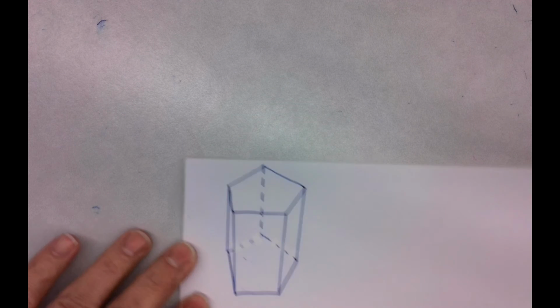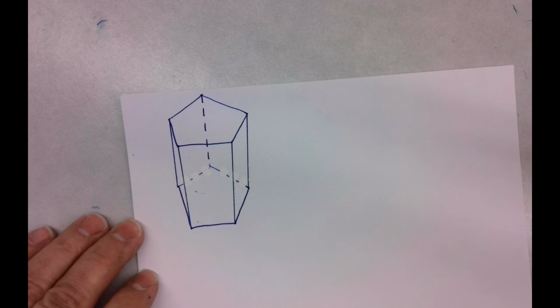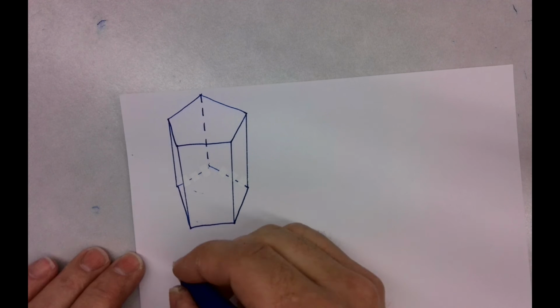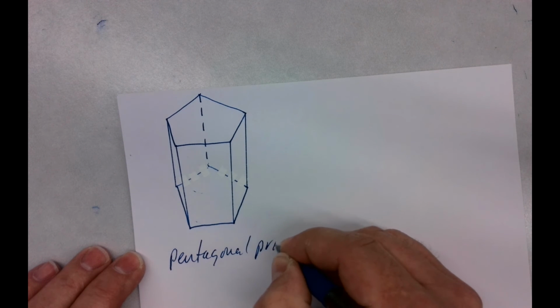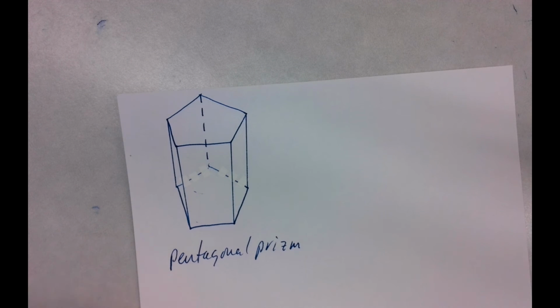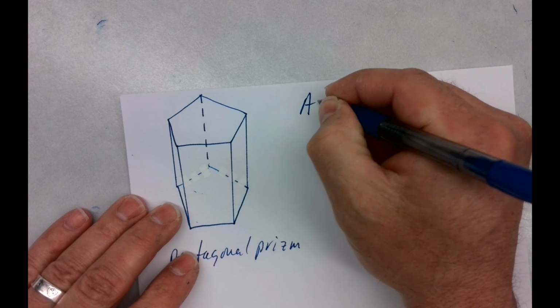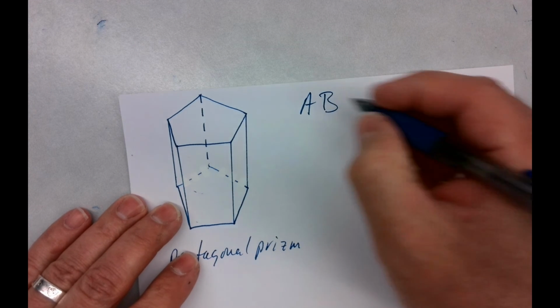Alrighty, so now this, does anybody know what this would be called? Yeah, it's called a pentagonal prism. Okay, now, it's still the same idea. I'm going to take the area of my base, right?